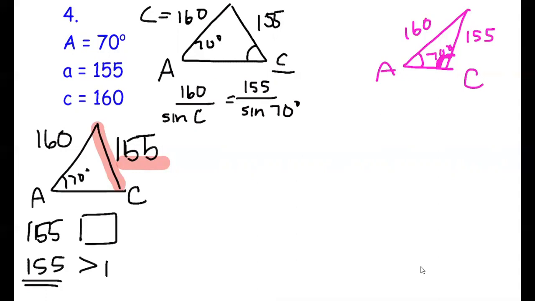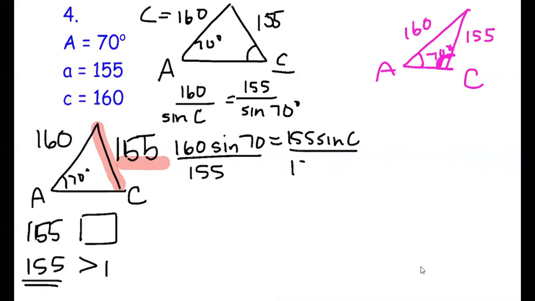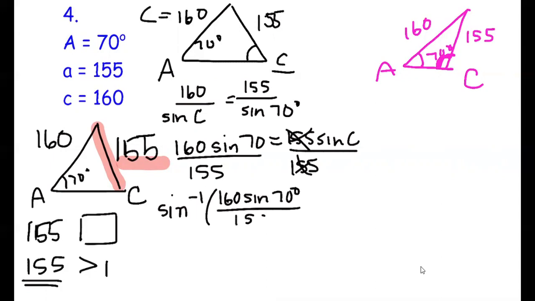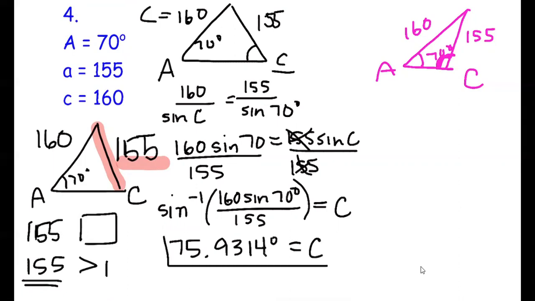If I cross multiply, I've got 160 times the sine of 70 equals 155 times the sine of C. I'll divide by 155, and that leaves me with the sine of C. So sine inverse of 160 sine of 70 degrees over 155 equals angle C. Again, law of sines can only give us an angle in the first quadrant, so it has to be acute. I'm getting 75.9314 degrees for angle C.